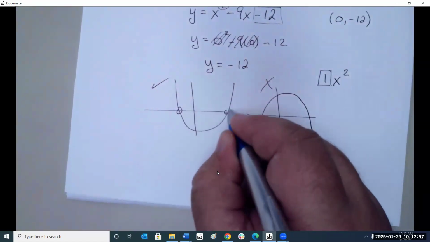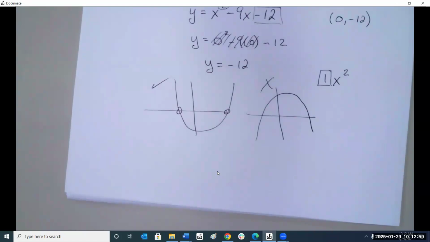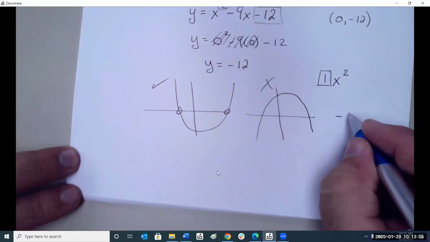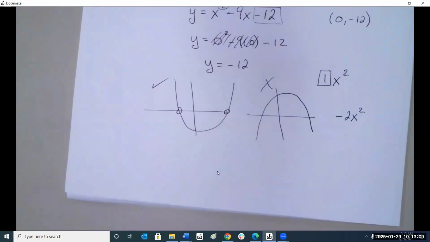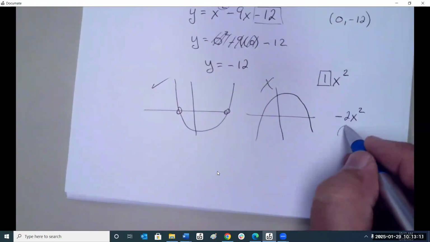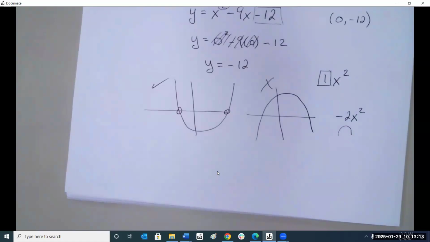Here are our x-intercepts. If the coefficient is negative, then it's going to open down. It points to the negative realm.